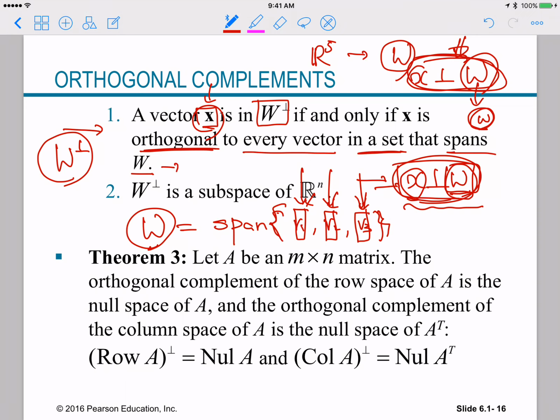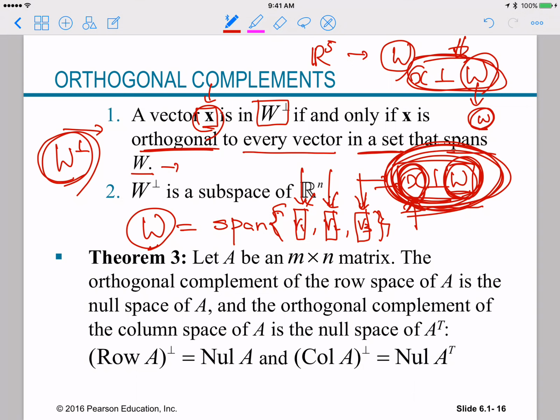If you collect all these vectors x such that x is orthogonal to this subspace W, so you collect all the vectors x that satisfy this condition, then that set of all the possible vectors x is called W perpendicular. This is another vector subset, and each vector satisfies this equation.